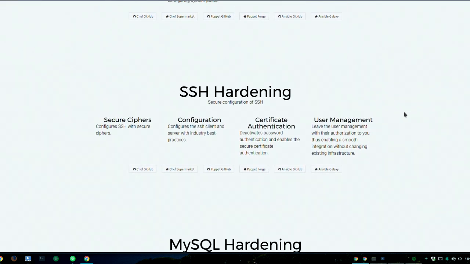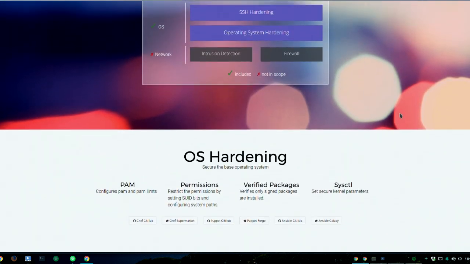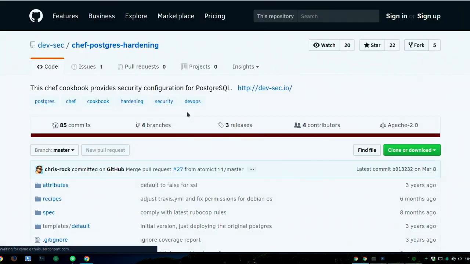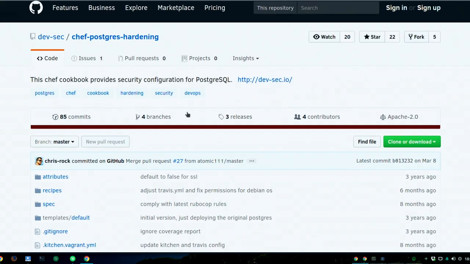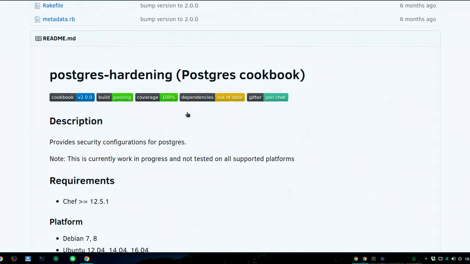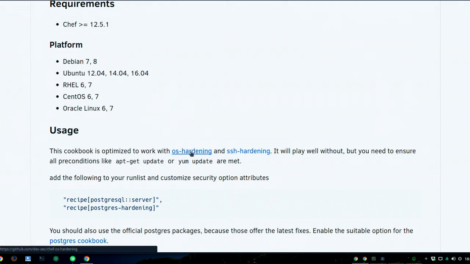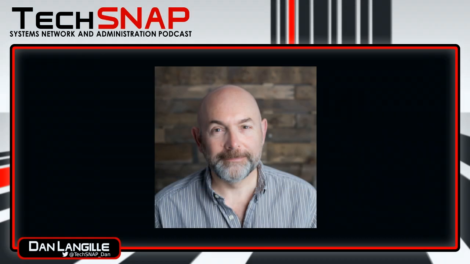Say you want to harden Postgres: it takes you to ensure trusted SSL, password encryption, system monitoring, and verify file system permissions. And there are categories like MySQL, Apache, logging, monitoring, SSH, operating system, intrusion detection, firewall, patch management, Nginx, and Postgres.